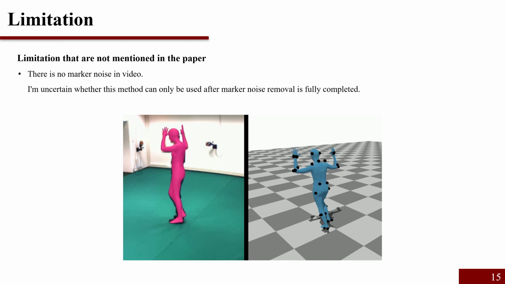The paper mentioned that if tracking of markers across time is possible during the marker part matching process, marker-to-marker correspondence can be obtained. However, in actual motion capture scenarios, marker tracking is often interrupted due to noise. I am uncertain whether this method can only be used after marker noise removal is fully completed.